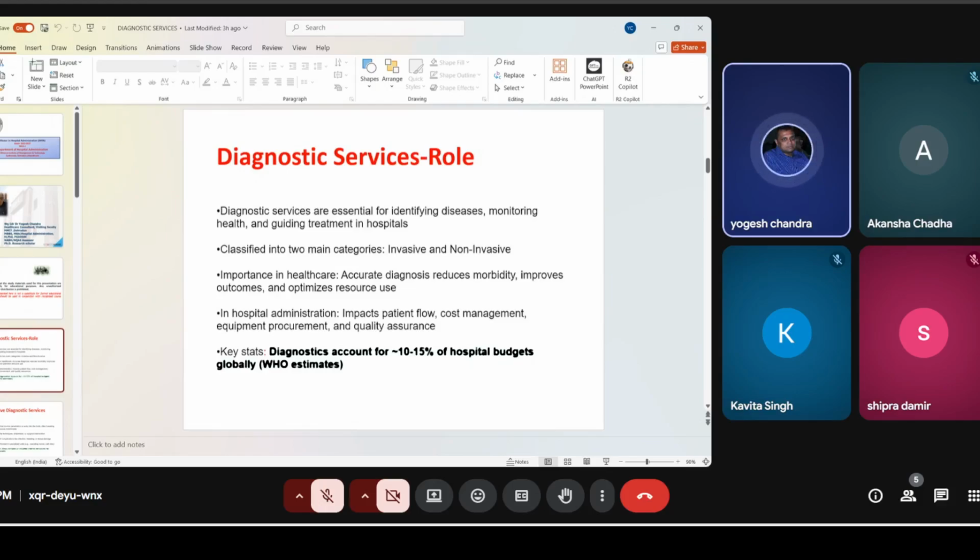That's why a lot of efforts are being made to provide medicine at a normal cost, and generic medicines are also being advised, that you should procure generic medicines because of this rate. Because ultimately, if you're not covered by any kind of insurance, all this expenditure you have to bear from your pocket.